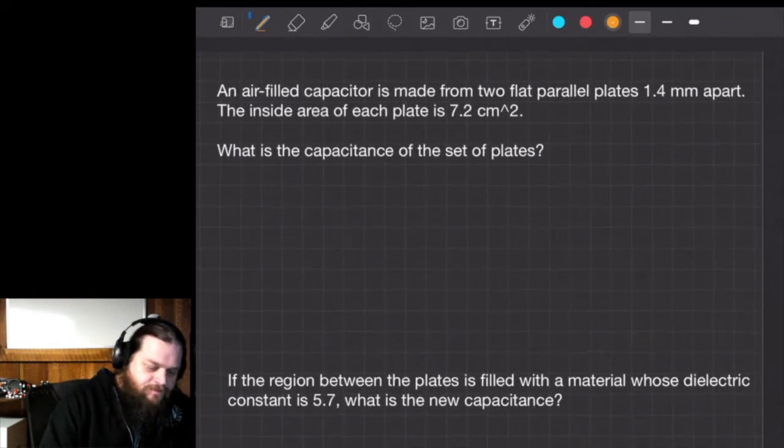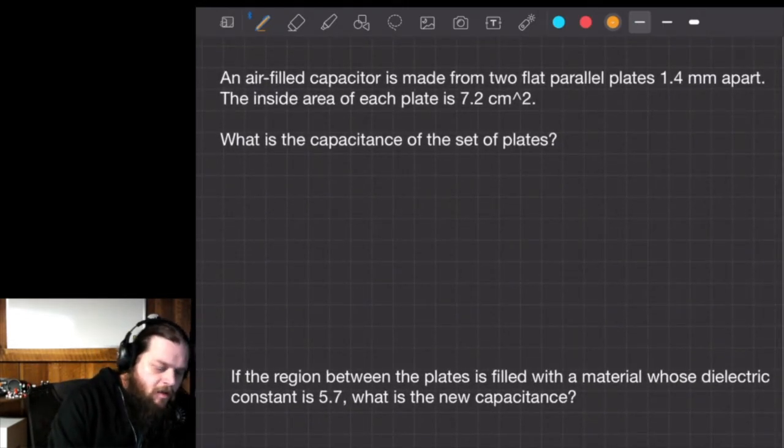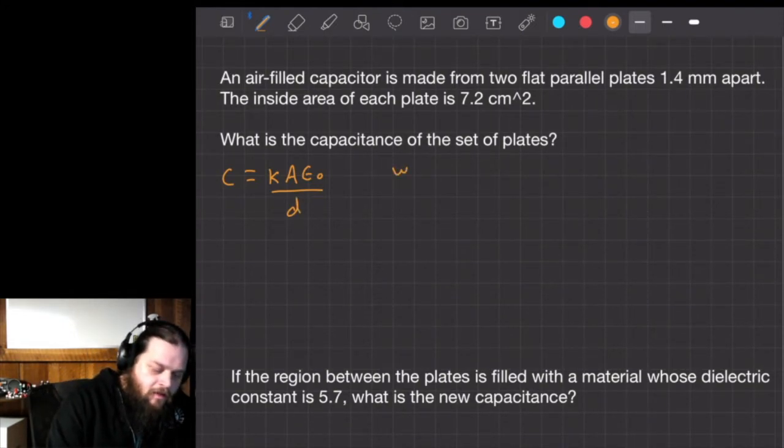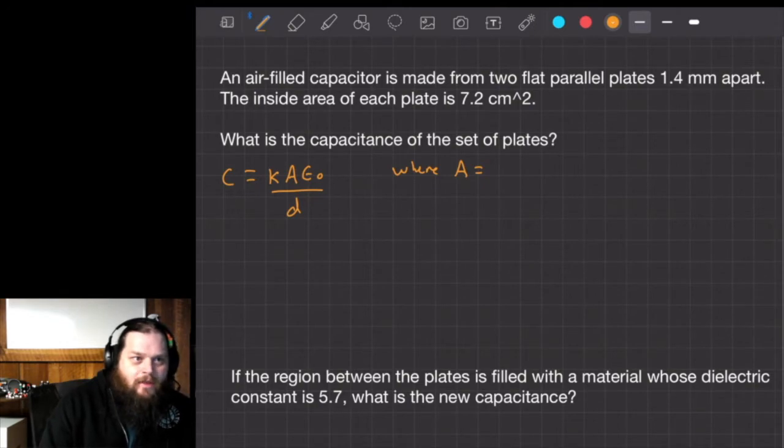So, we know that the capacitance is equal to kappa area epsilon naught divided by the distance between the plates. And here, the area is 7.2 centimeters squared.